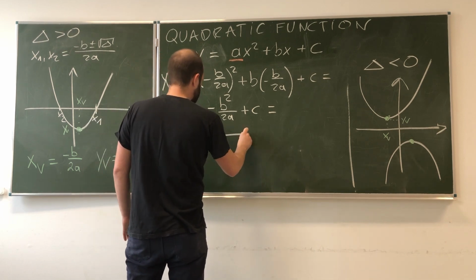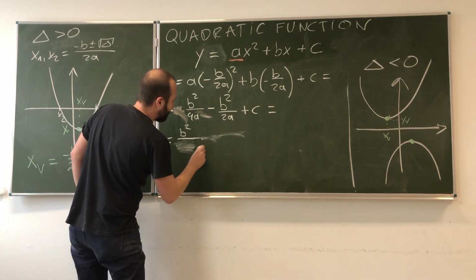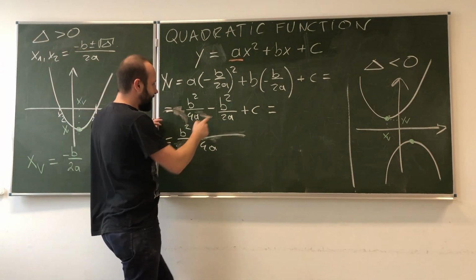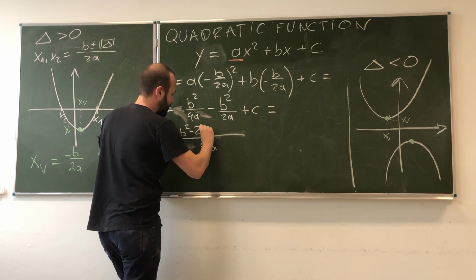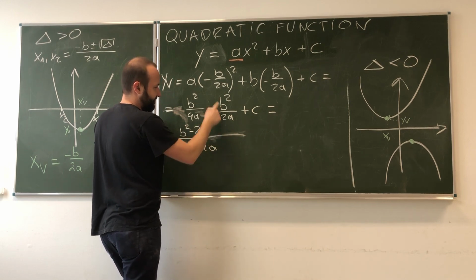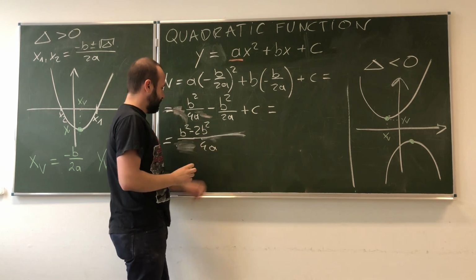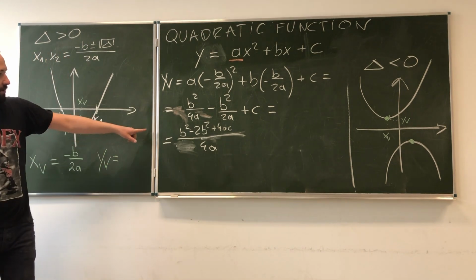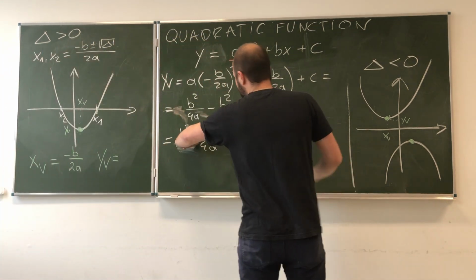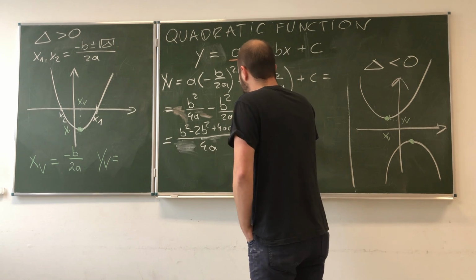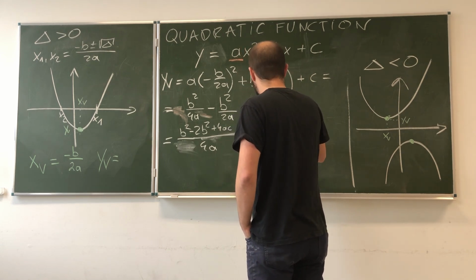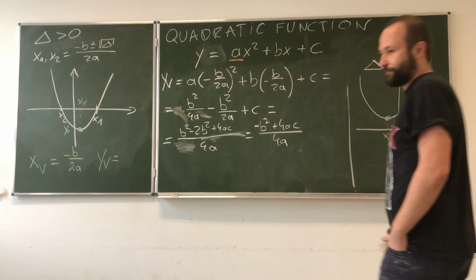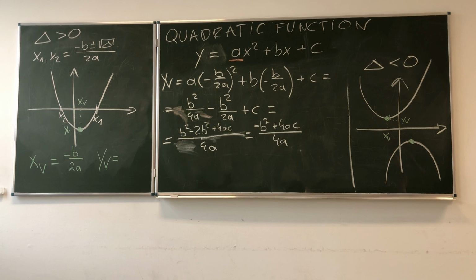Then, okay, let me already put it in one fraction. So we will have negative 2b squared over 4a, and here, plus 4ac. Okay, and now look. I can calculate this out, and now I'm getting that this is negative b squared plus 4ac over 4a.